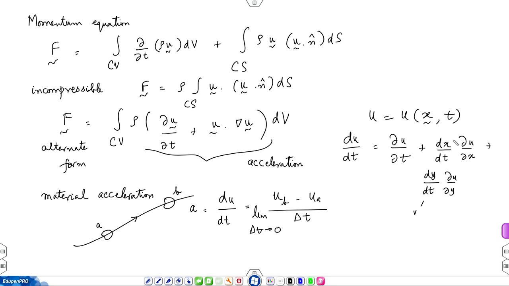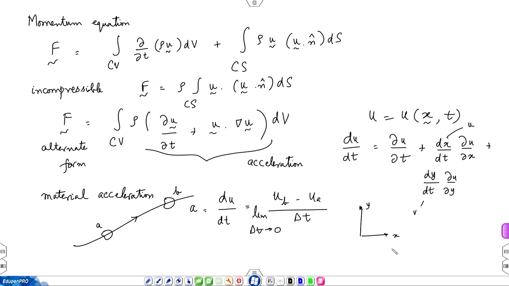Now, these x and y are coordinates of the point being studied or the particle being studied. So, these are u and v. So, here let me introduce the notation. This is x coordinate, y coordinate.